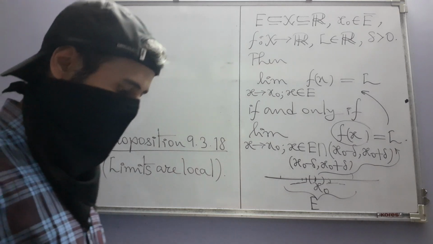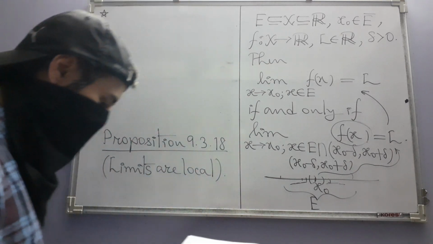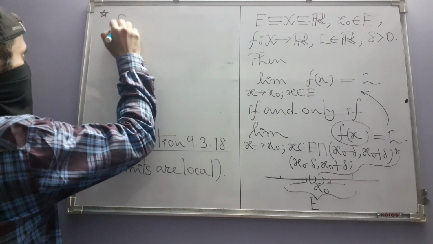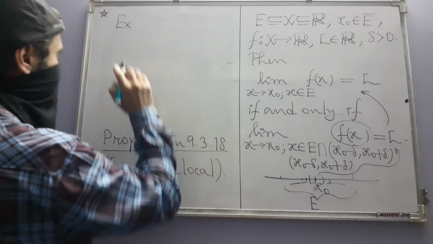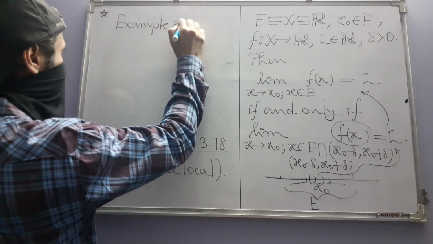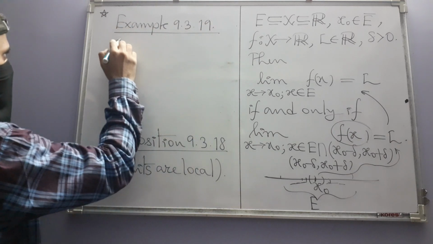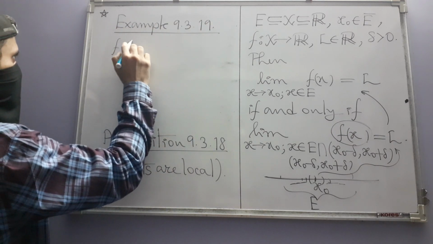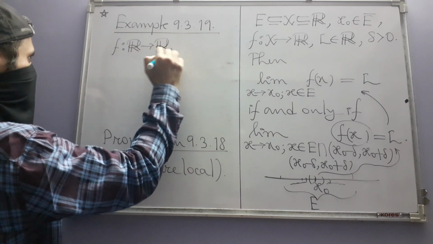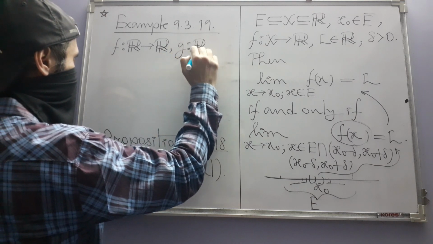This next example uses algebraic combinations of functions. That is, you are given two functions. This is going to be item number 19. You have two real valued functions of a real variable f and g.